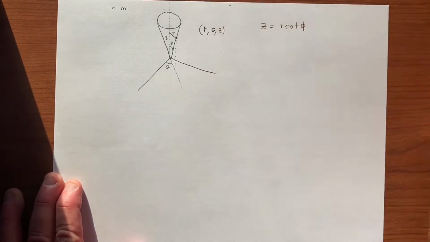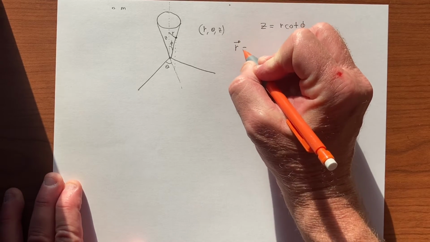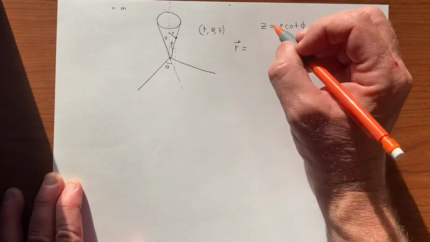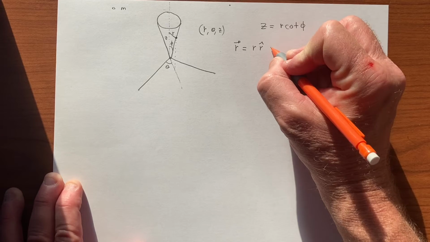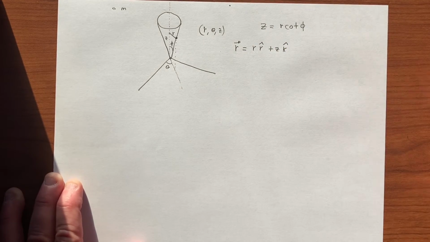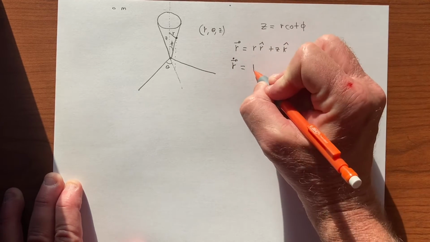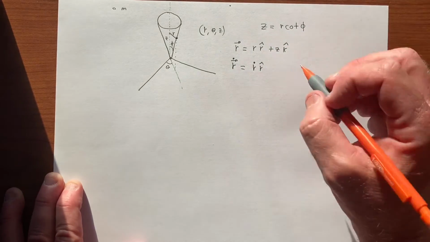So let's find the Lagrangian. We need the vector position. We need to find the velocity and construct the kinetic energy. So its location has an r value. We'll have an r hat. It has a z value, a height, in the k direction. And so when we take the derivative in time of that, we get r dot, r hat, but this also changes with time.